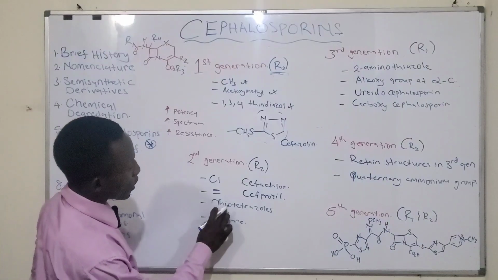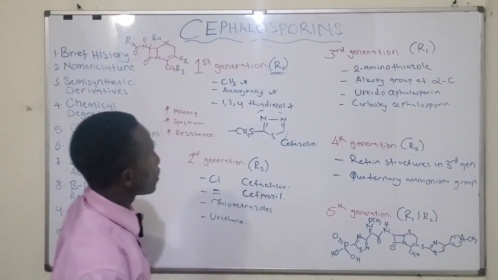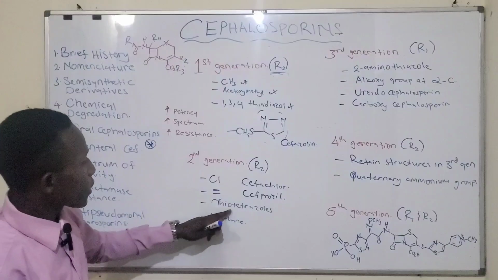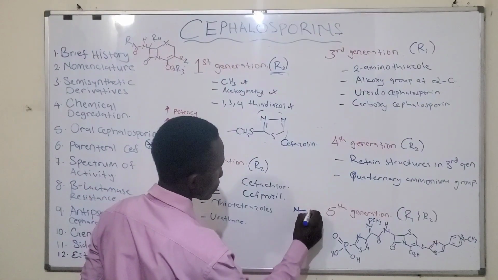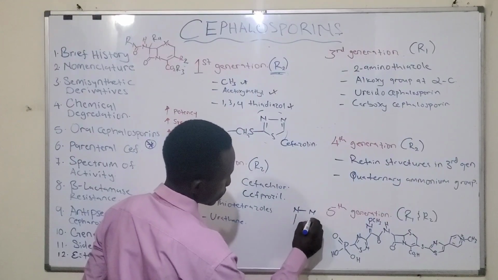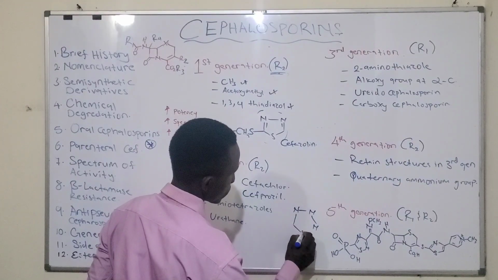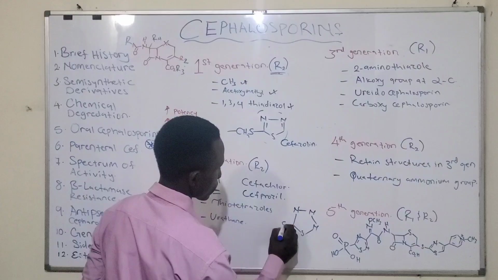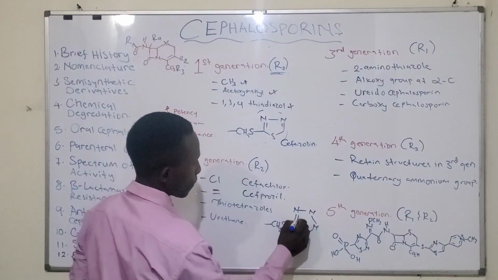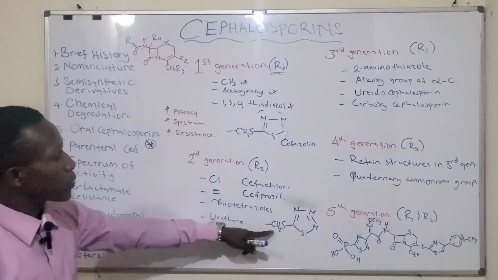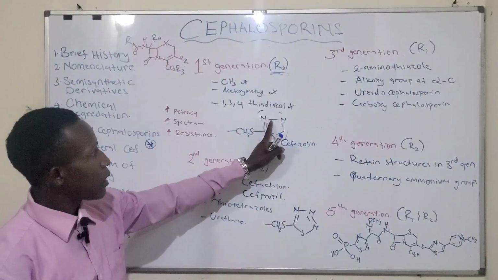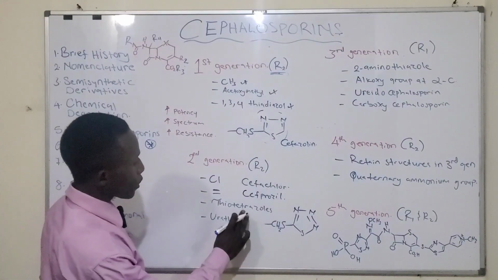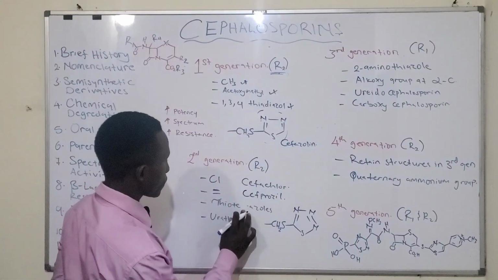Then thiotetrazoles, these groups at R2, this group is different from this one. This is a diazole. These are thiotriazoles.